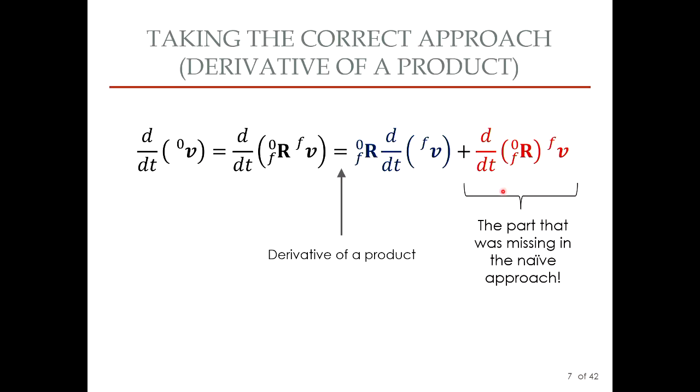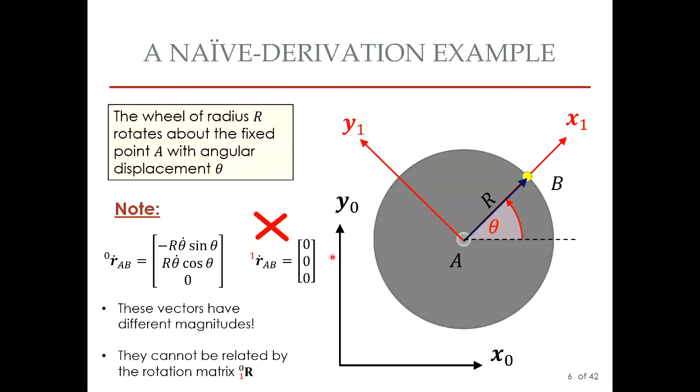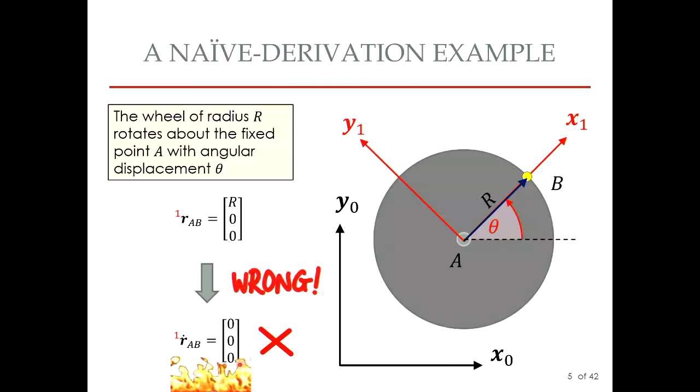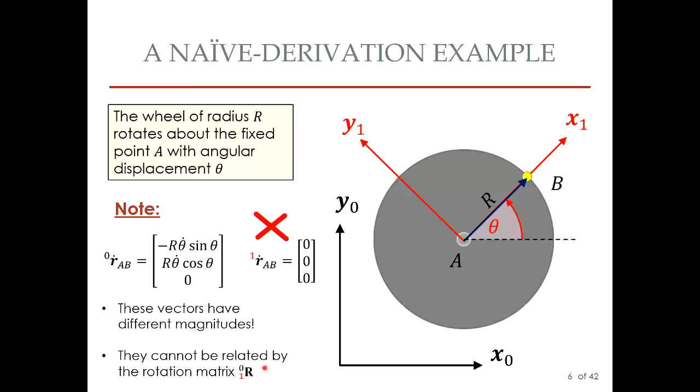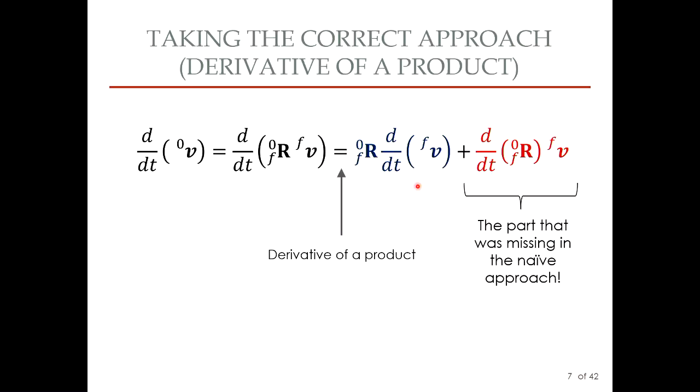So I would need to take a derivative of a rotation matrix here and the derivative of the vector itself. And we saw that this is something that we didn't take into account when doing this step. This step was only component by component derivative of the vector v, and we ignored the other part.